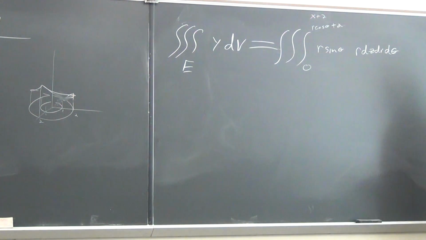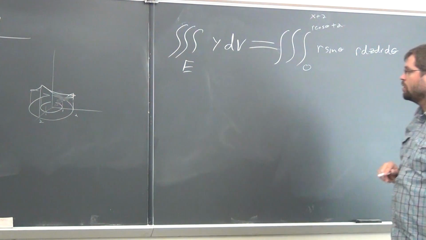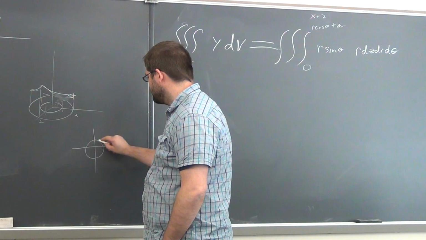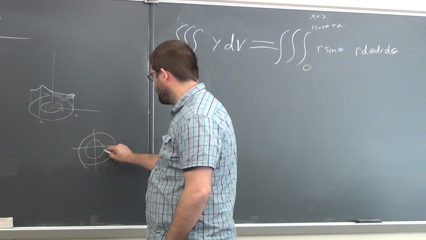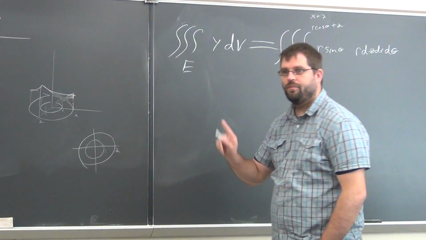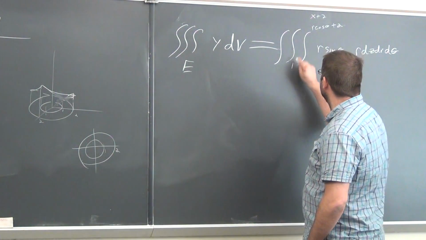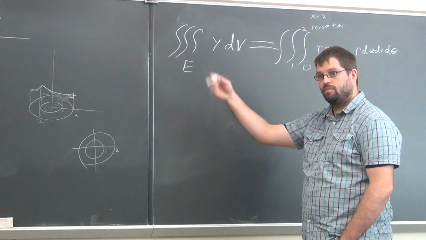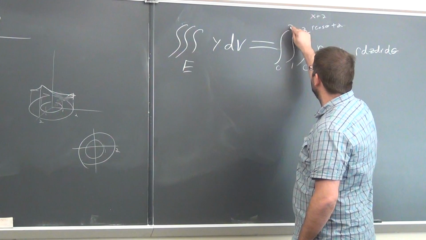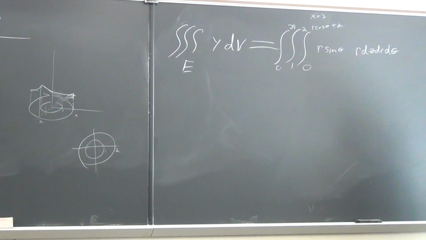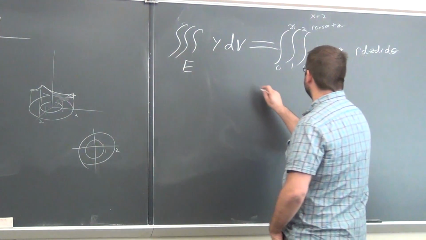Does that make sense? And then we're down in that xy plane. We range r from where to where? 1 to 2, theta 0 to 2 pi, all the way around the whole thing, and you just end up with that. Does that make sense? So let's try to finish this up, I guess.